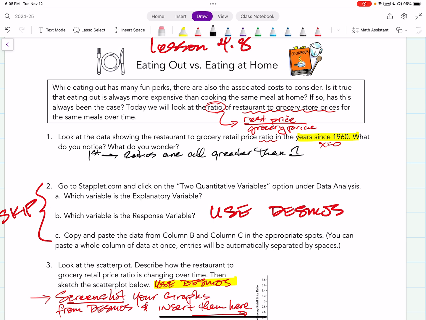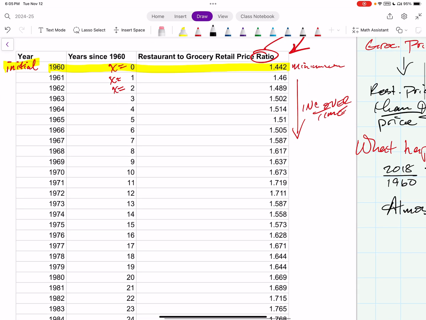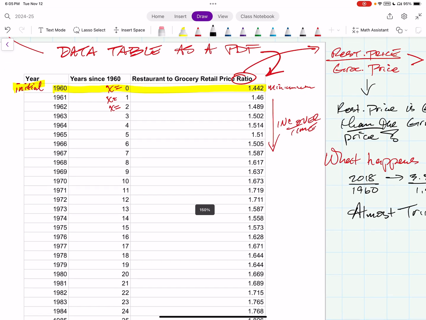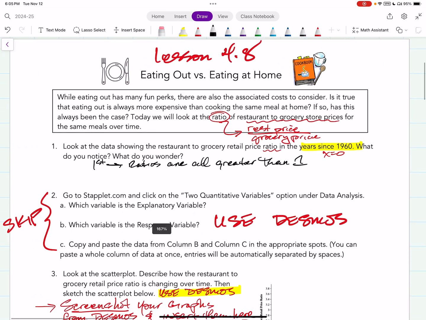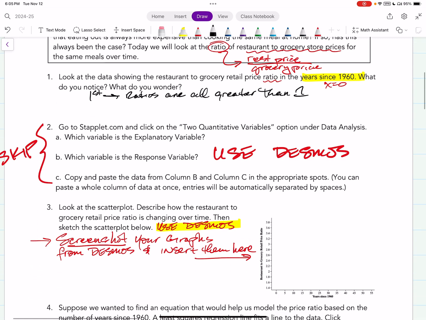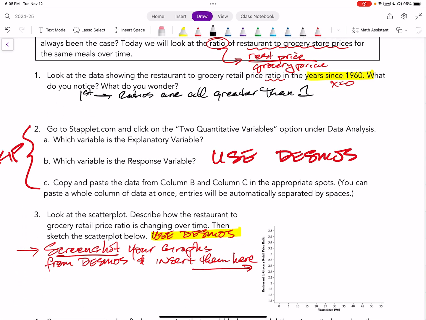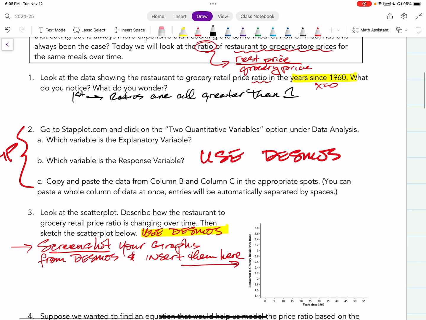That should be obvious. I mean, look at them. It starts at 1.442, guys, which means the restaurant price is greater than the grocery retail price. It's more expensive eating out, basically, guys, in common words. In fact, you can write that down if you want.